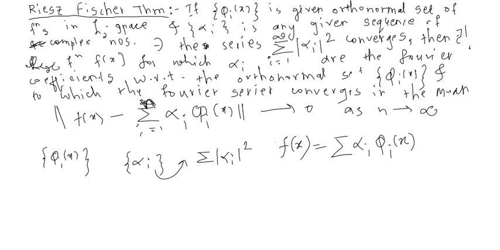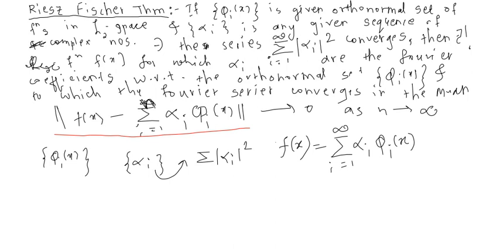When we write this, I don't mean to say that it is exactly equal. What I mean is that if we compute this error quantity, it will go to 0 as n goes to infinity. So in other words, what does this mean?